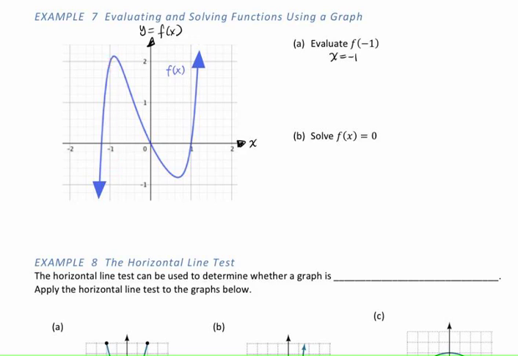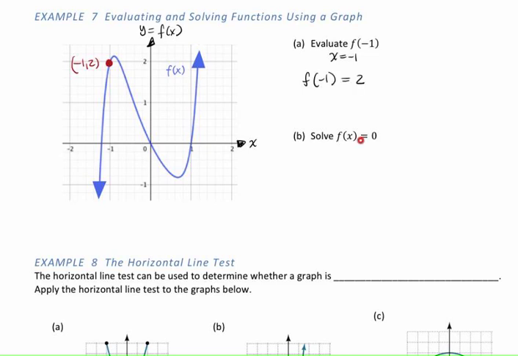And notice that right here at the ordered pair or point -1, 2, I see that when I plug in a -1 to my function, the output is a +2. So this tells me f of -1 equals 2.